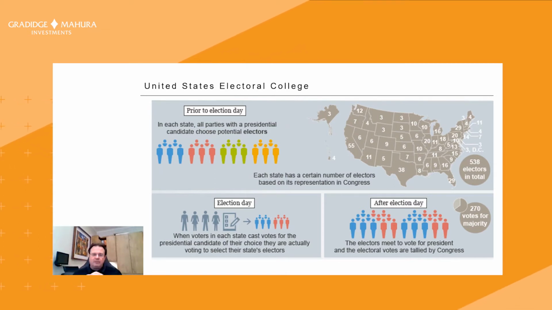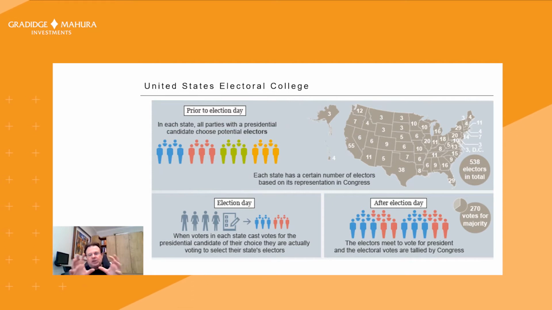And in your mind, obviously, you think you're voting for the president. But in reality, you are voting for somebody called an elector. And depending on who wins that state, those electors then ultimately decide who becomes president. Sounds bizarre, but that's the way it's always worked.